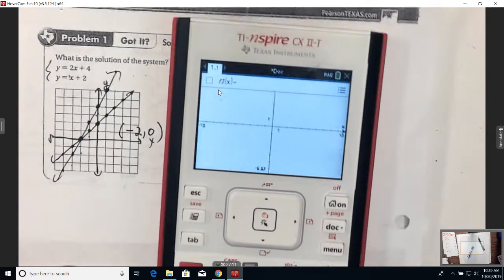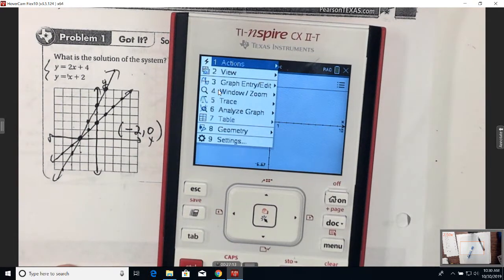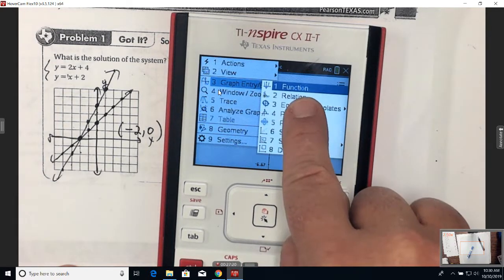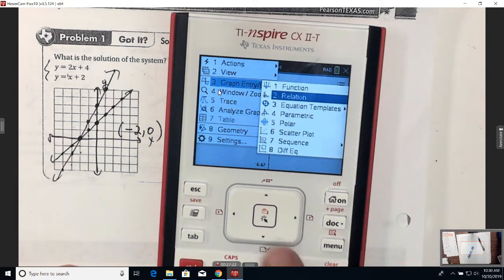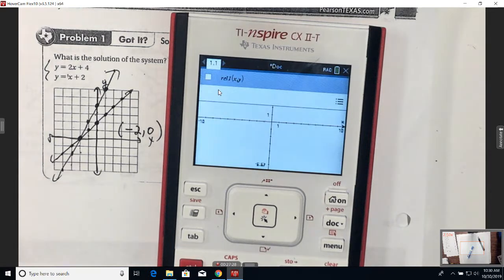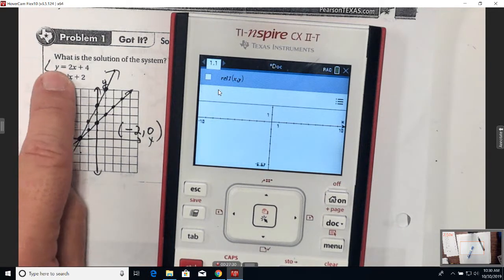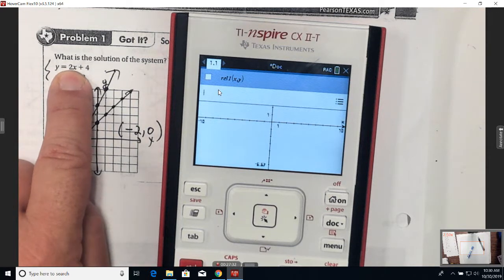So let's change how we're graphing things by going to Menu, and then Graph Edit Entry. So we don't want to enter it as a function. We want to enter it as a relation. And I'm going to show you, this will help you and hurt you at the same time. It helps you because whenever I graph it as a relation, I just type in whatever I'm given and it'll graph it.